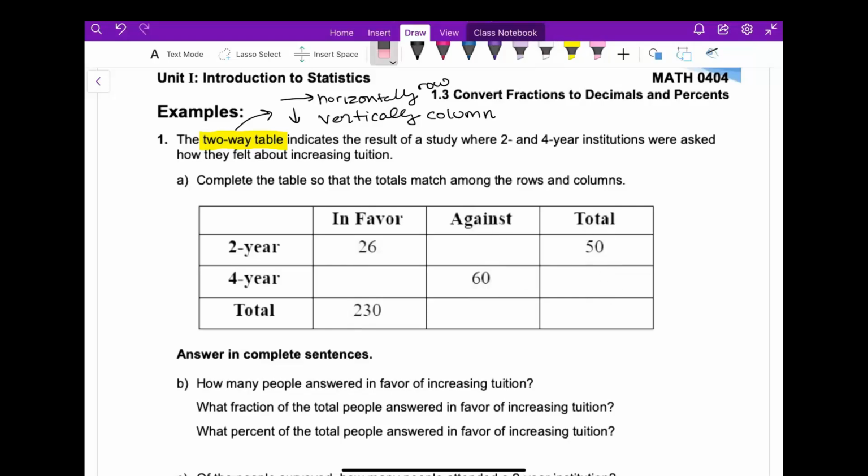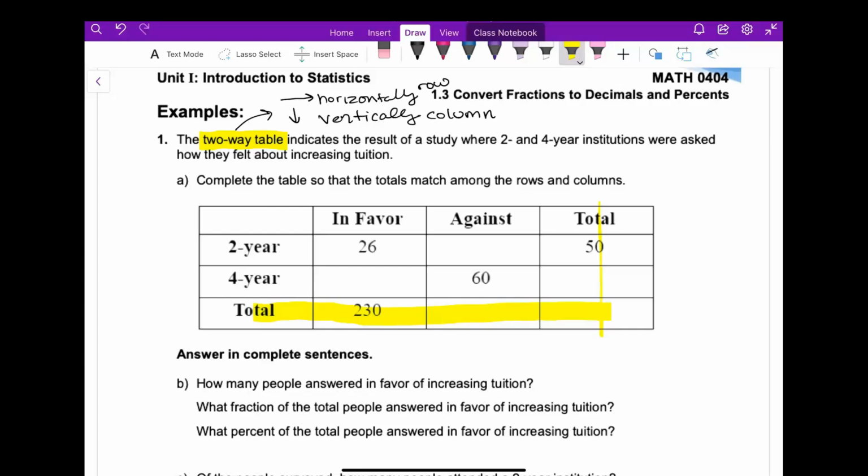So let's go ahead and finish completing the two-way table. We are missing some values, and sometimes it's easy to get started with rows, sometimes it's easy to get started with columns. The thing that we have to really observe is the totals. Whenever a total is filled in, that makes it easier for us.